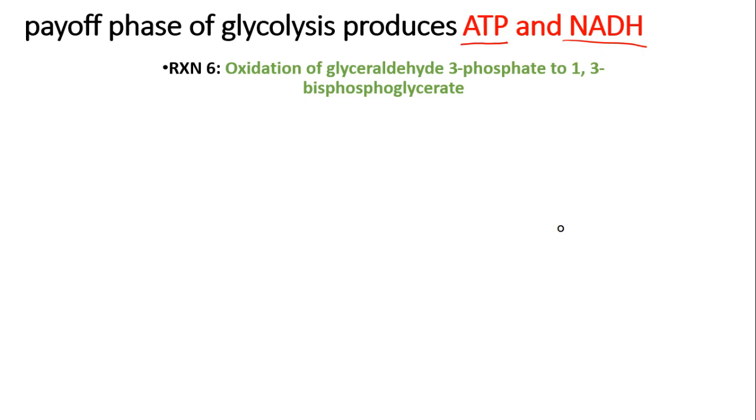So remember, dihydroxyacetone phosphate was converted rapidly to glyceraldehyde 3 phosphate. This glyceraldehyde 3 phosphate will be converted to another molecule, which is 1,3 bisphosphoglycerate.